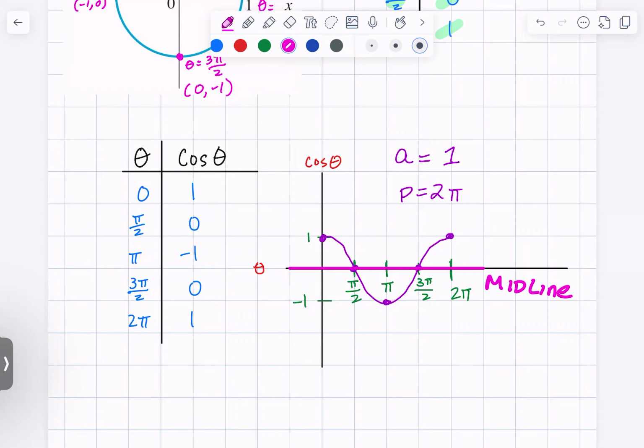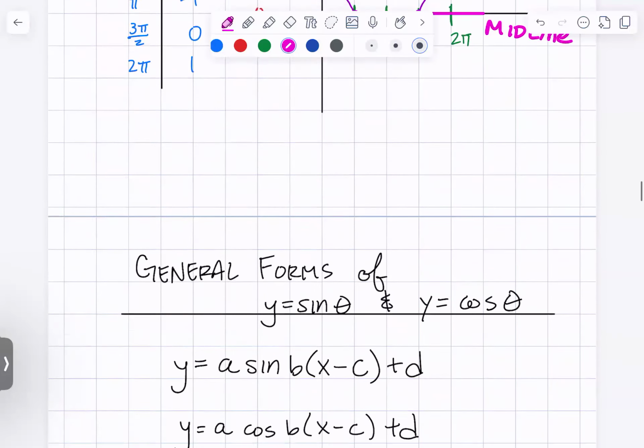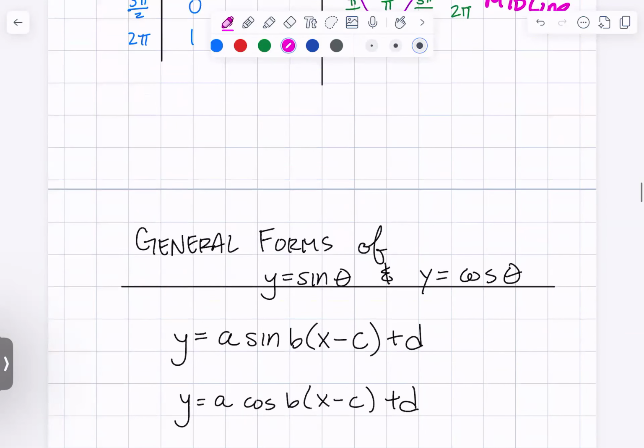Okay, so now that we've graphed cosine and we've graphed sine, we're going to go ahead and talk about the general forms of sine and cosine, just sine and cosine. We're going to learn about tangent and cotangent and all the other ones later. There are different rules for those. So just for cosine and sine, it's going to be y equals a sine b in parentheses x minus c plus d.